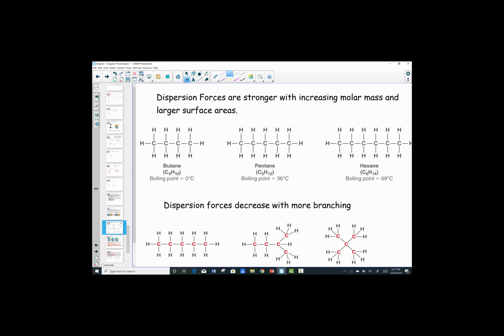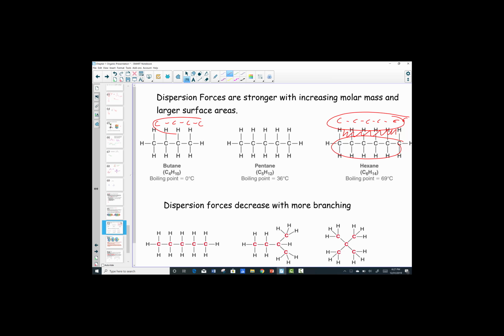Now, a dispersion force can increase with increasing molar mass and larger surface areas. Keep in mind, it's how we can influence one molecule to the next. The longer the molecule is, the more surface area it has. Longer molecules can interact over a greater surface area to create these temporary dipoles.